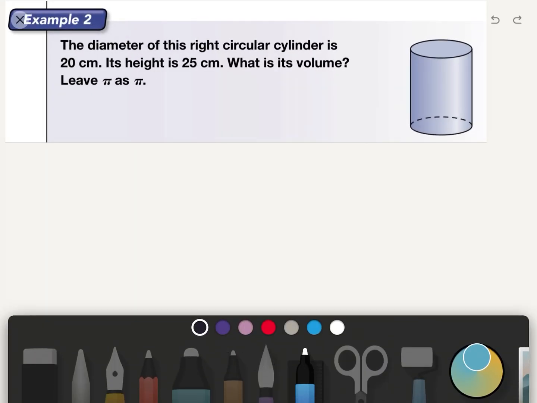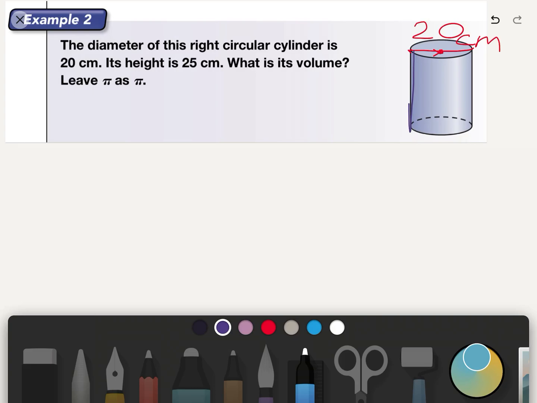All right, the diameter of this right circular cylinder is 20 centimeters. Let's label this guy. Is 20 centimeters.